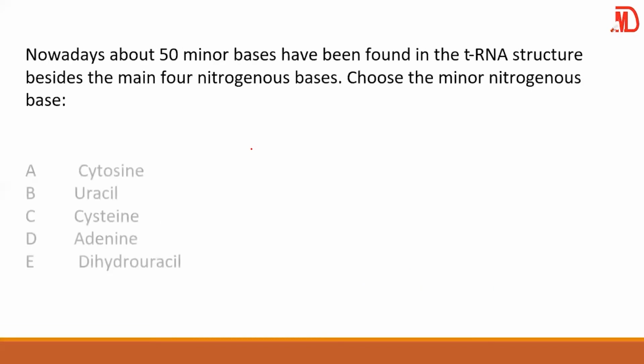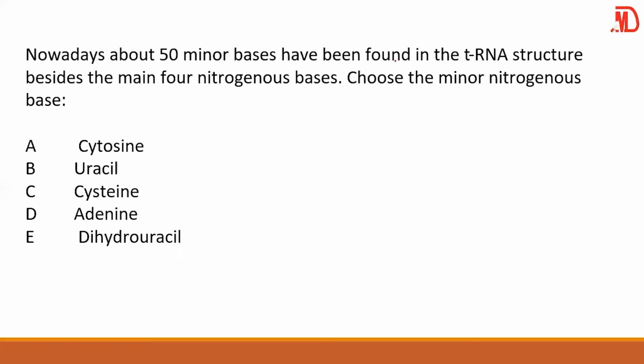Nowadays, about 50 minor bases have been found in the tRNA structure, that is transfer RNA structure, besides the main four. So choose the minor nitrogenous base.